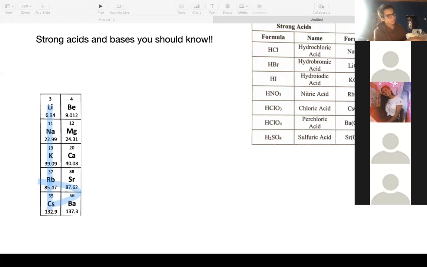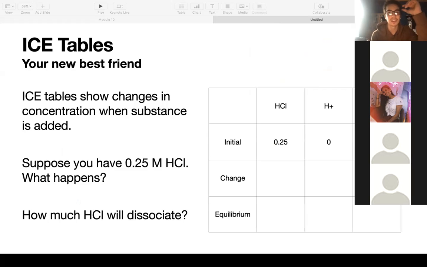So next thing it goes on to tell us is ice tables, aka your new best friend. Not really, but yeah. So ice tables show changes in concentration whenever something is added. So suppose you have 0.25 molar HCl. What's going to happen?